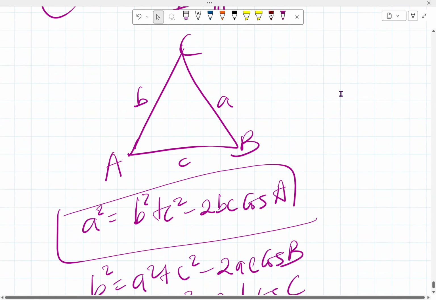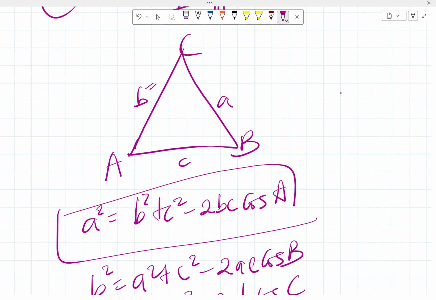Side b is 7 cm and side c is 9 cm. So you have these two sides, and then you have angle A, which is 50 degrees. So you see, you have these two sides and the angle in between. So you can easily get a squared.